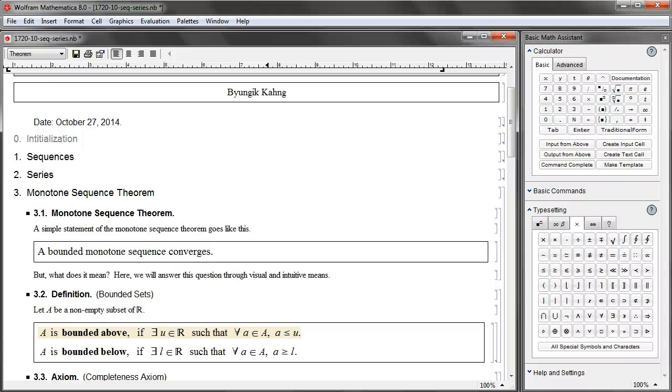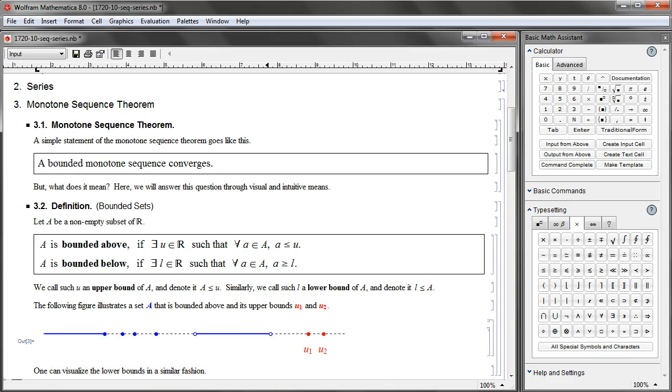Likewise, we define the other one. We say A is bounded below if there exists a certain real number L, such that every element of that set A is greater than or equal to that number L, which we call lower bound. Here's a visualization, as a matter of fact.